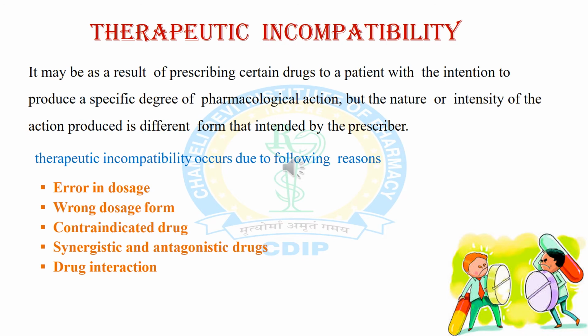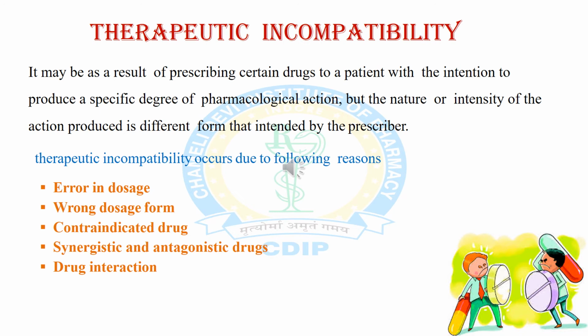So when the prescriber prescribes certain drugs and a change occurs in their therapeutic value, the incompatibility is called therapeutic incompatibility, which is not intended by the prescriber.